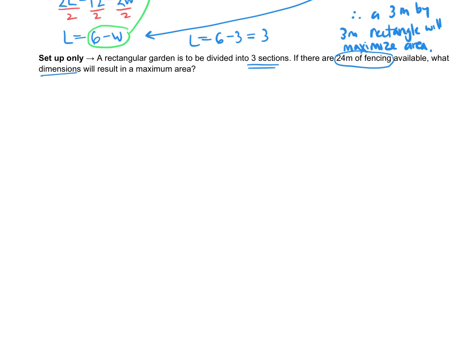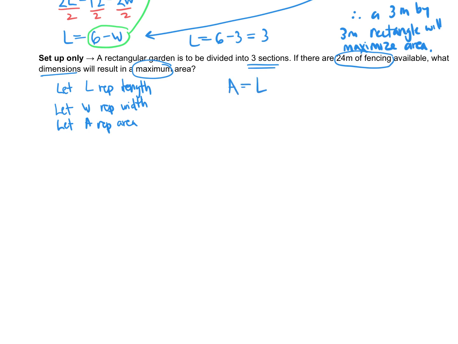What dimensions will maximize the area? Okay, same let statements. We need length and width. Let L represent length. Let W represent width. Let A represent area, because that's what we're trying to find the vertex of.